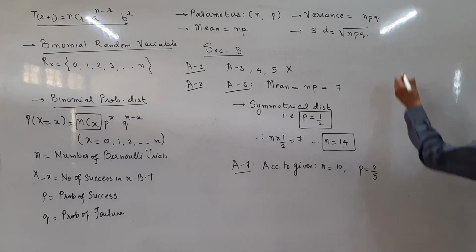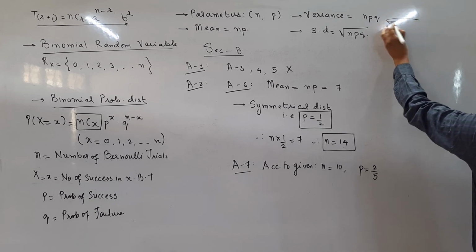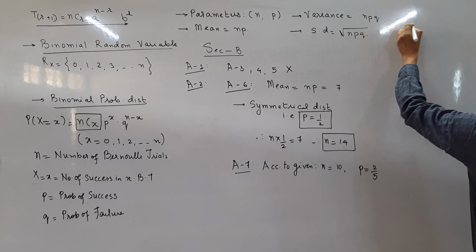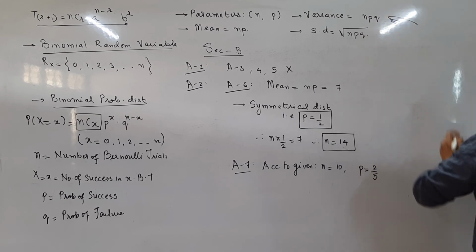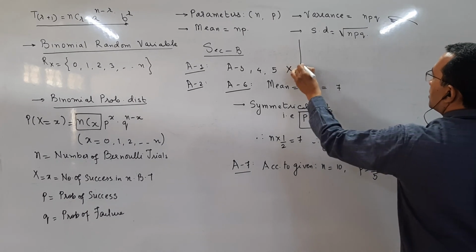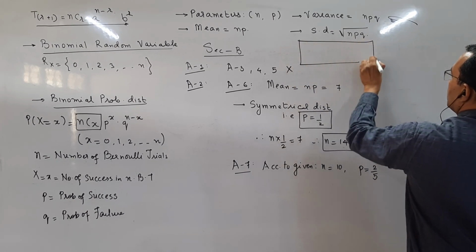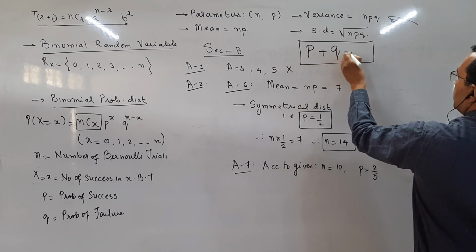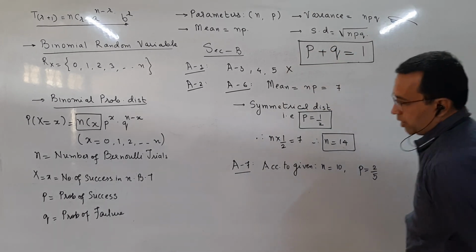The formula students use to find variance is NPQ. But always remember the hidden information, universally true, is P plus Q is equal to 1.